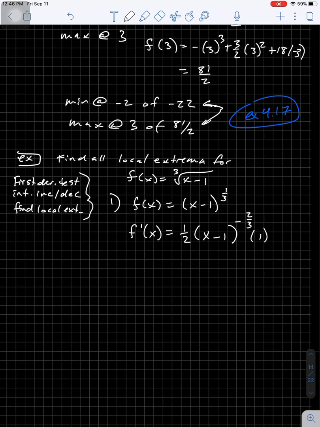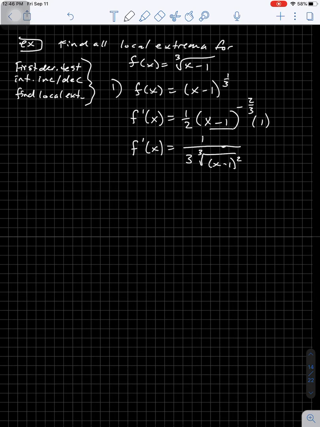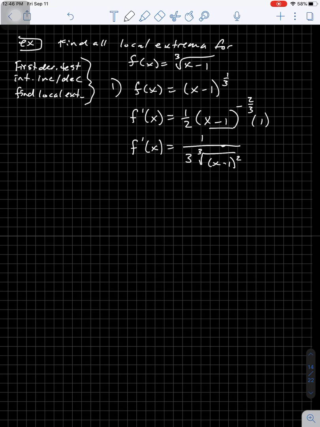If we want to write that back in root form, this guy's going to go downstairs, and it's going to be 1/3 times the cube root of (x minus 1) squared. Whichever format you like is fine.